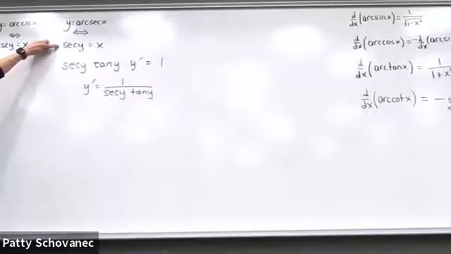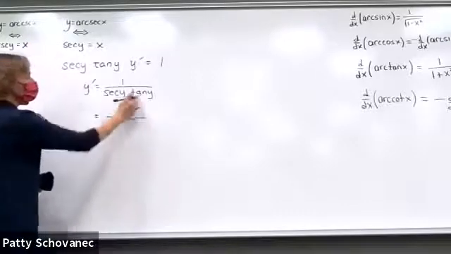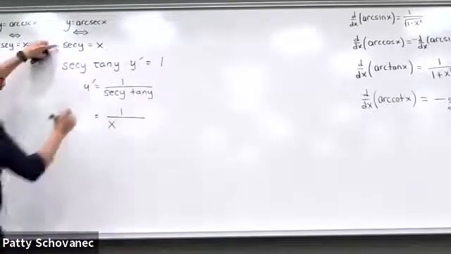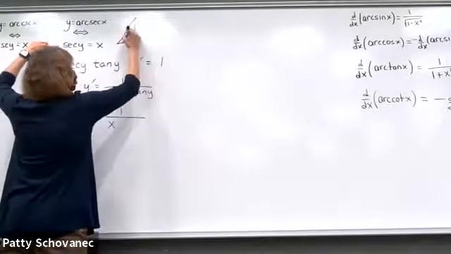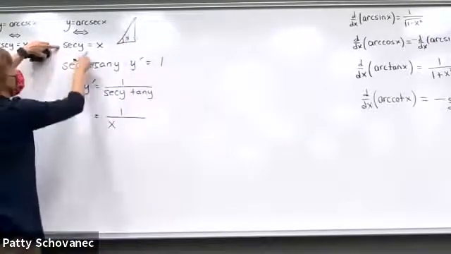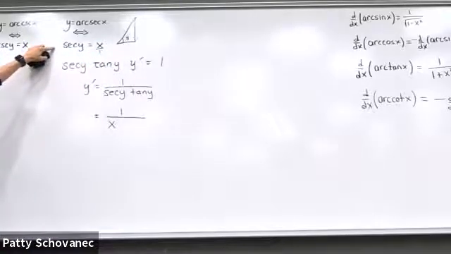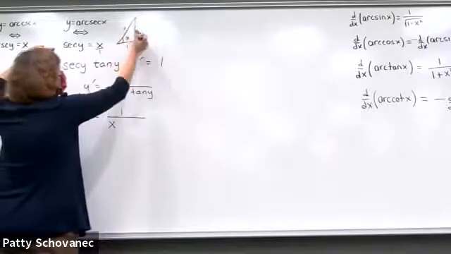But from this line, the secant of y is x. Now let's figure out the tangent of angle y by doing that right triangle stuff. So from here, I'm going to draw a right triangle with the angle y here. The secant reduces to the ratio of x over 1. Secant is hypotenuse over adjacent.